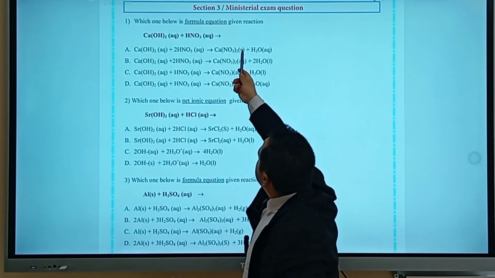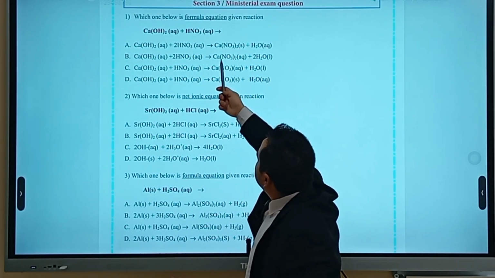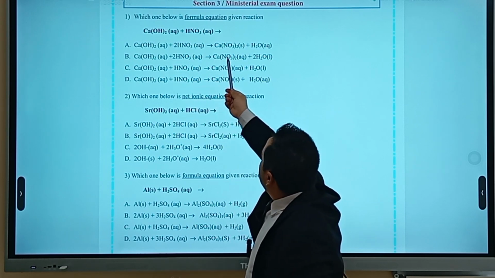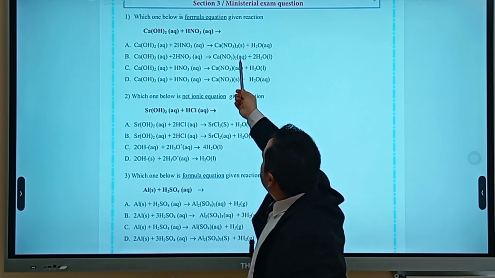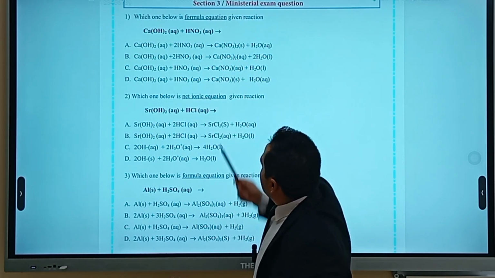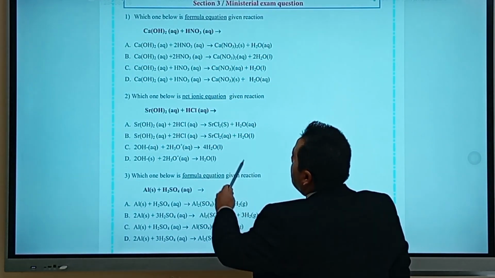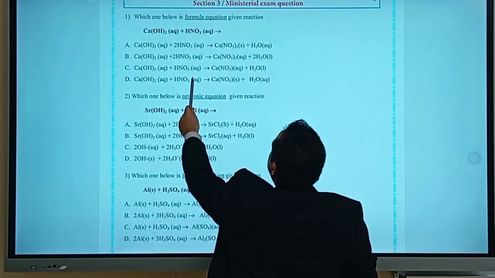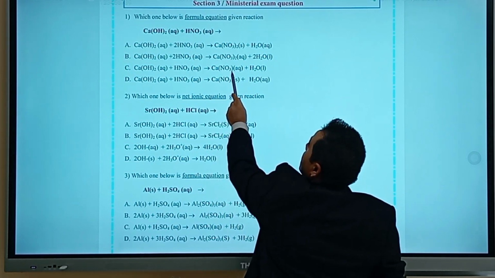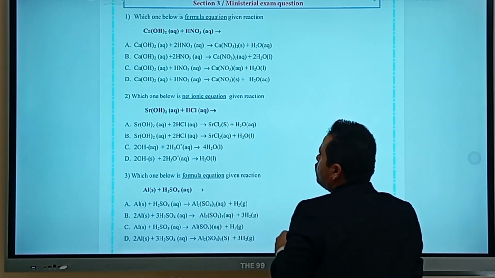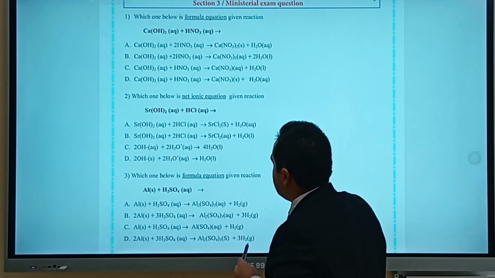The first one says insoluble. That's not correct because calcium nitrate is soluble. The second one says aqueous and H2O, so the second one is the correct answer. The third said CaNO3 not by 2, and the fourth CaNO3 not by 2 and solid also. So B is the correct answer.